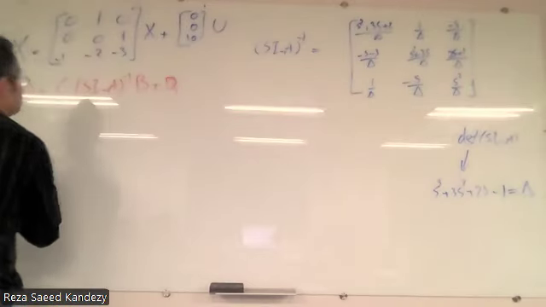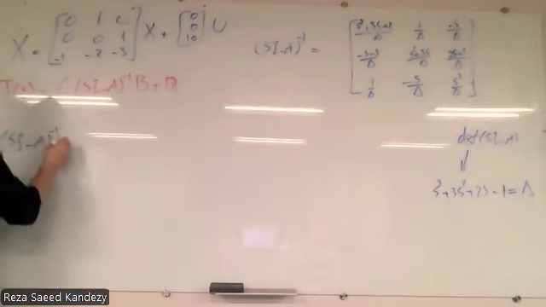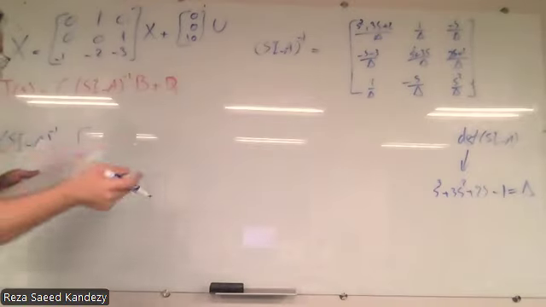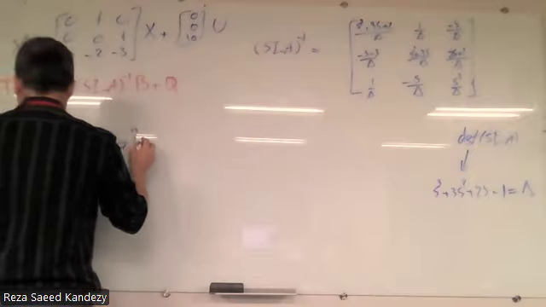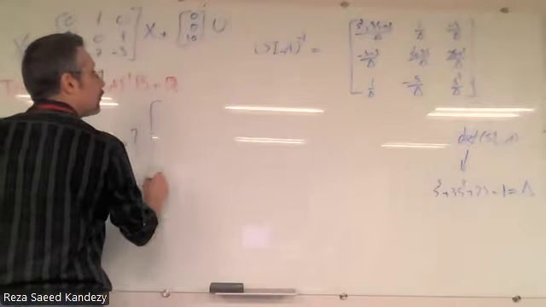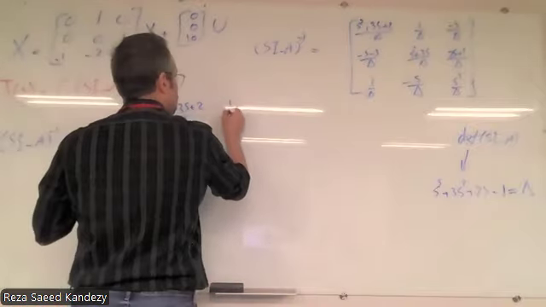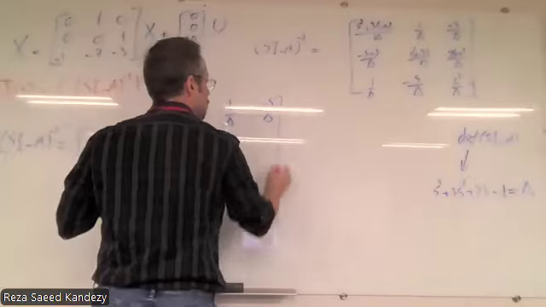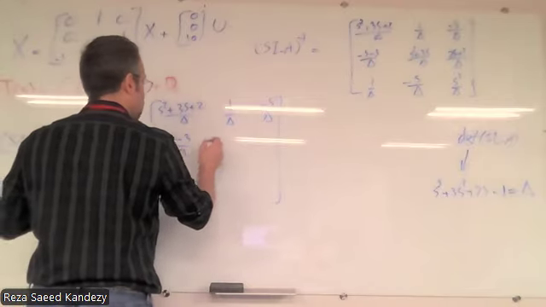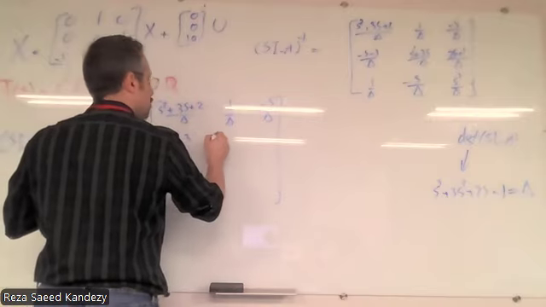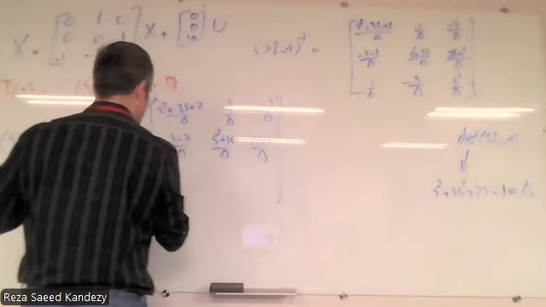My C times (sI minus A) inverse is going to be, if you remember, my C was 1, 0, 0, and I have my (sI minus A) inverse, which is: S squared plus 3S plus 2 over delta, minus S minus 3 over delta, 1 over delta, and so on.